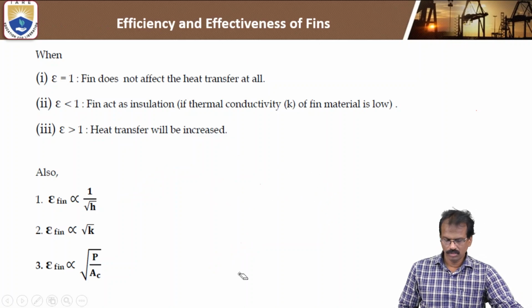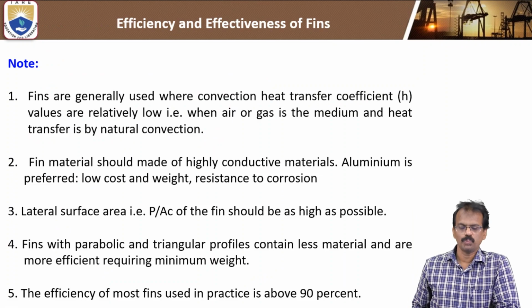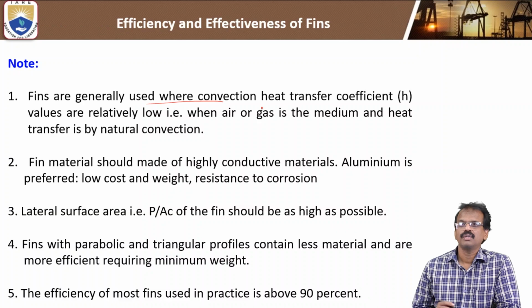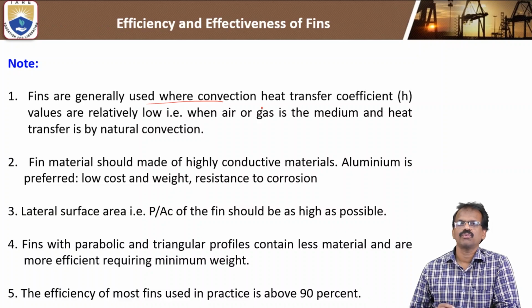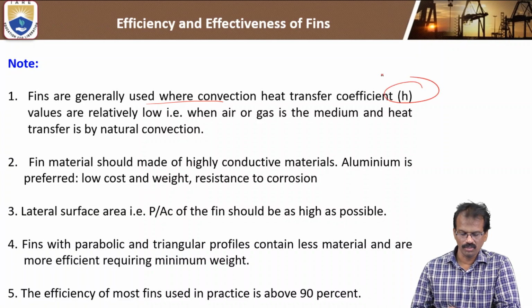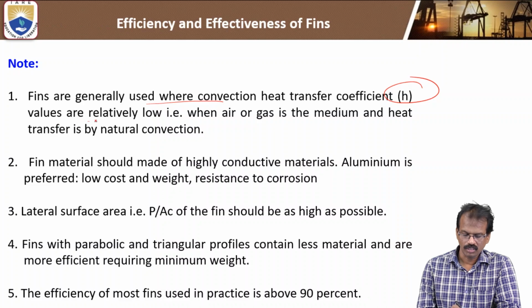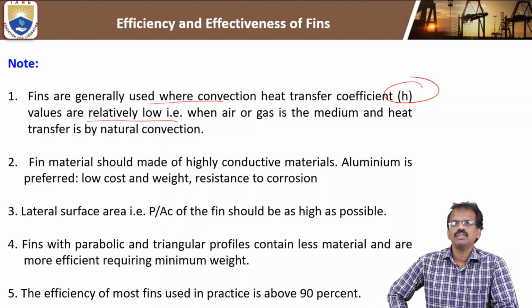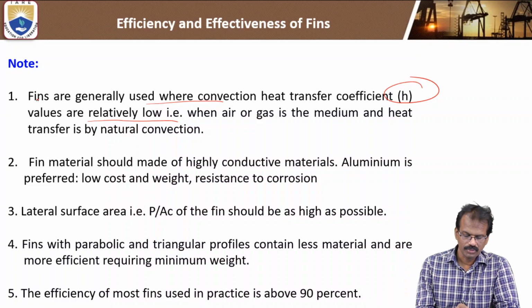Now see some important note points here. We can see fins are generally used where the convection heat transfer coefficient value h is relatively low. So in that case, we will use the fins.